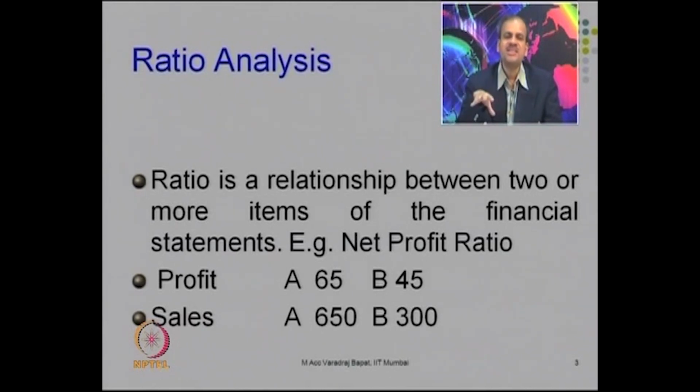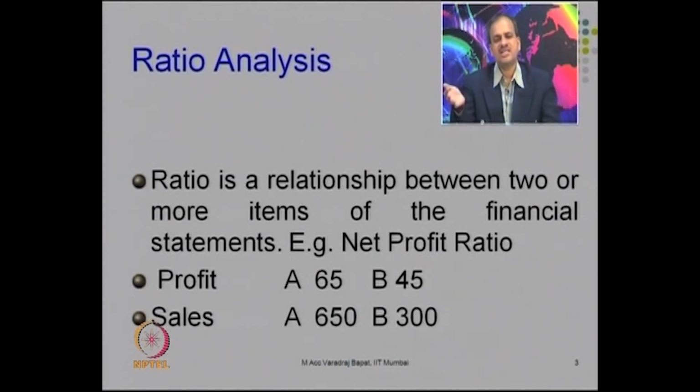If you calculate the ratio of profit upon sales, which is popularly known as net profit ratio, we will come to know that 65 upon 650, that means the net profit ratio is about 10% for entity A. Entity B, you can see 45 is earned on a sale of 300. So, this gives a net profit ratio of about 15%.